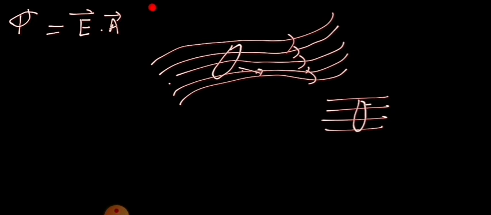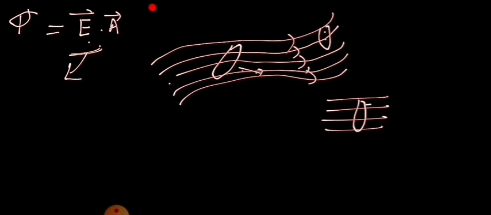We know the electric field intensity is a measure of the number of field lines per meter square, or rather it is proportional to the number of electric field lines per unit area. Per unit area, how many lines of force pass through?